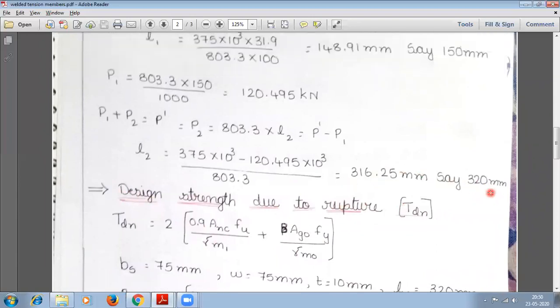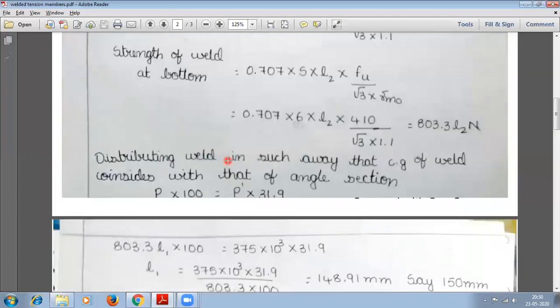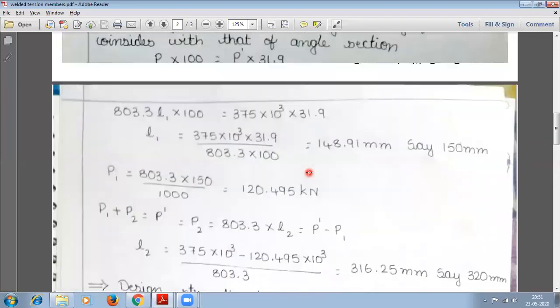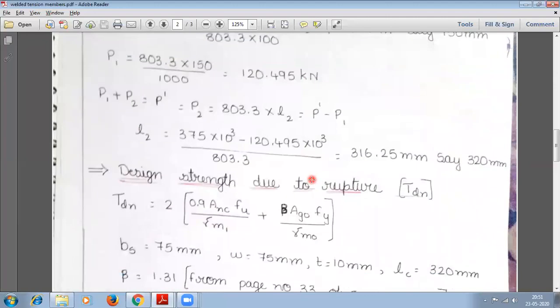L2 you should get maximum because wherever you have the outstanding leg, there you need to weld it, and the length should be higher in the outstanding leg. Whichever side you have, top or bottom, however you place that side, the length will be higher. That is one of the checks you need to remember. So that is about it. So we got to know what L1 and L2 are.